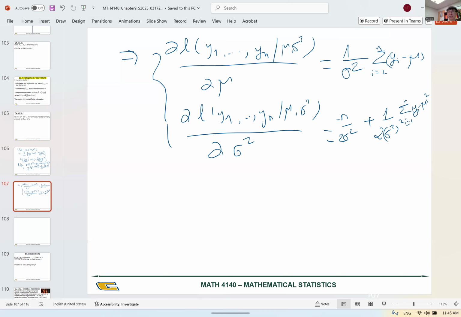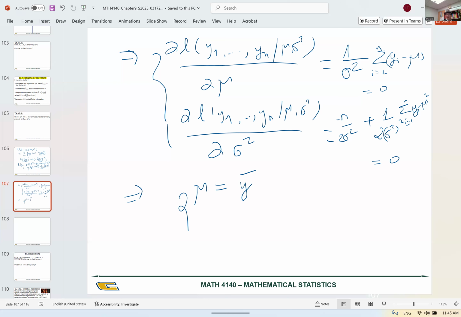Right. So now you set this equal to 0, and you solve it. So basically, for the first equation, you get your mu equal to y bar.